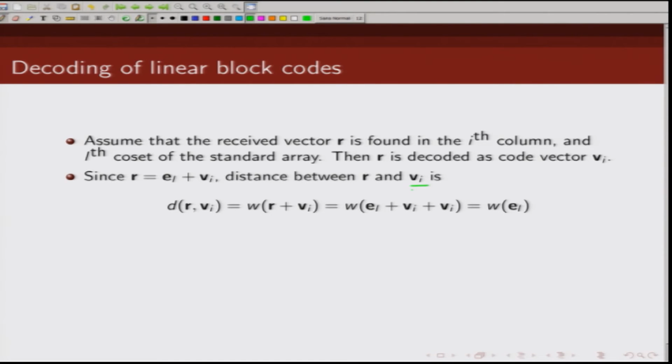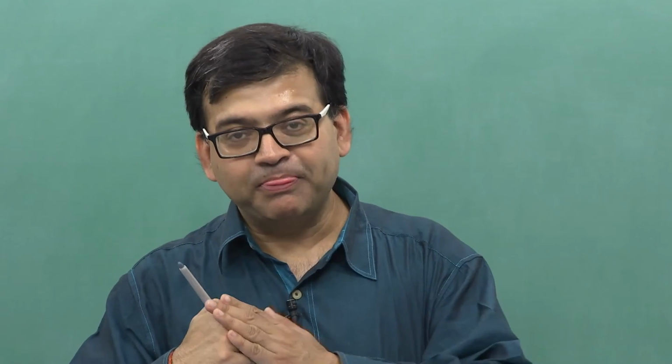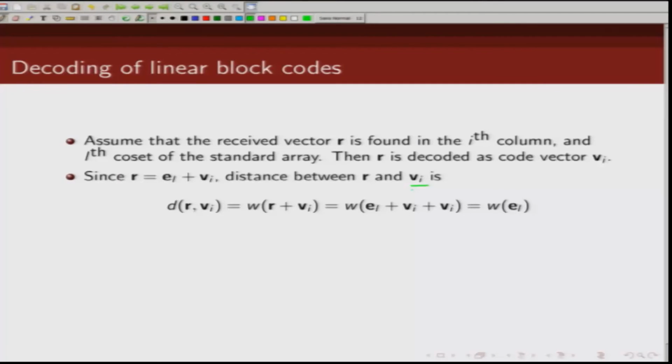The Hamming distance is nothing but the number of locations where these two differ. So, if we add R and V and then count the number of ones, that gives us the Hamming distance between R and V. So, the Hamming distance between R and Vi is nothing but the Hamming weight of the vector R plus Vi. And what is R? It is El plus Vi, and plus Vi. So, this is nothing but the weight of the error vector.